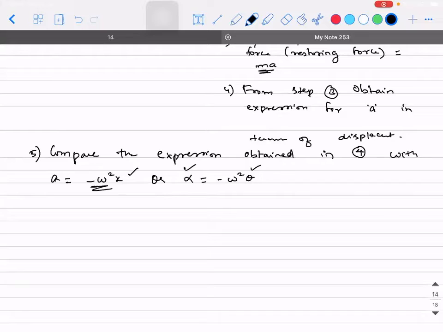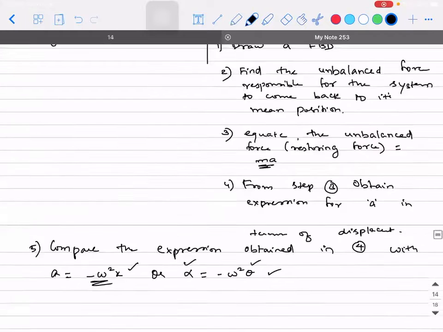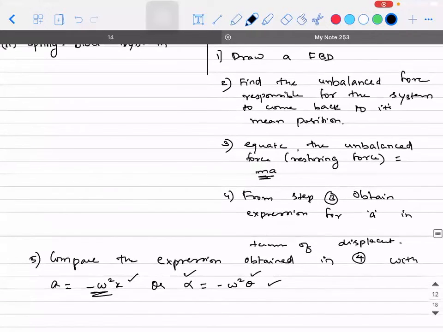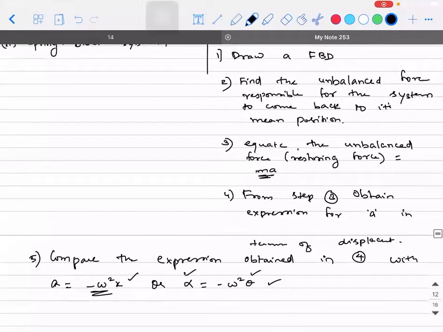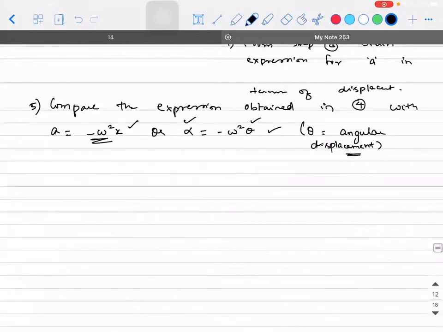If you're solving a problem based on rotational motion, you will get alpha is equal to minus omega square theta. Theta is angular displacement.